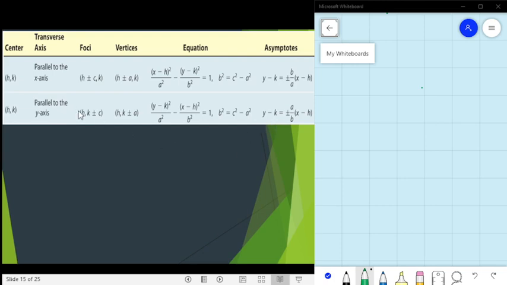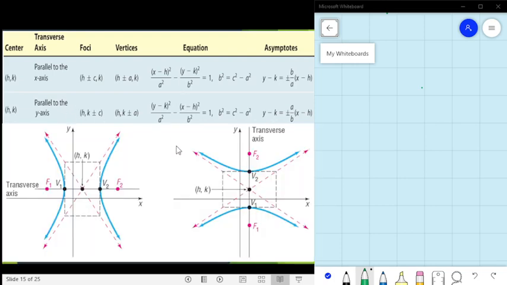So when the center is HK, and then the transverse axis is parallel to the x-axis, then the foci here is the same as your H, but you are going to add or minus it with C. So to the right ka mag-add ka C, and then to the left mag-minus ka og C from the H, and then copy your K. Then the vertices, since pareha raman sila, they are collinear with the foci.